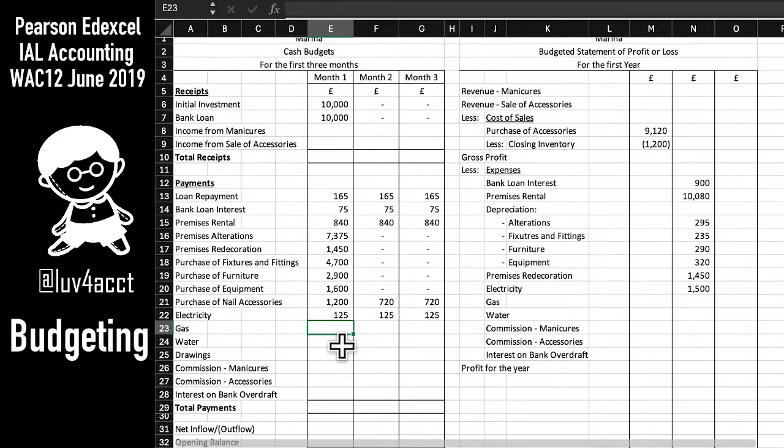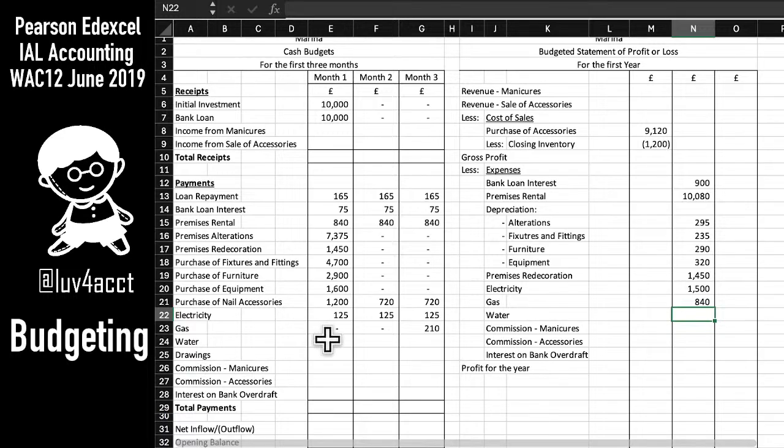Gas. It is for 1 quarter and it is paid in arrears on the last day of month 3. So it would be 210 here, nothing in month 1 and 2. So gas will be 210 and multiply by 4 only for 4 quarters, not monthly payment.